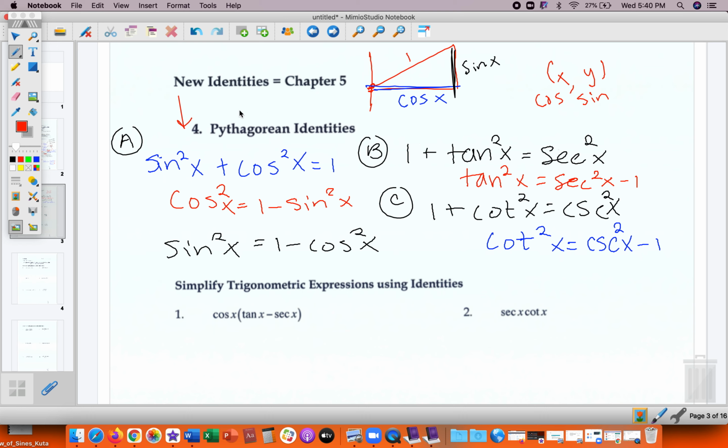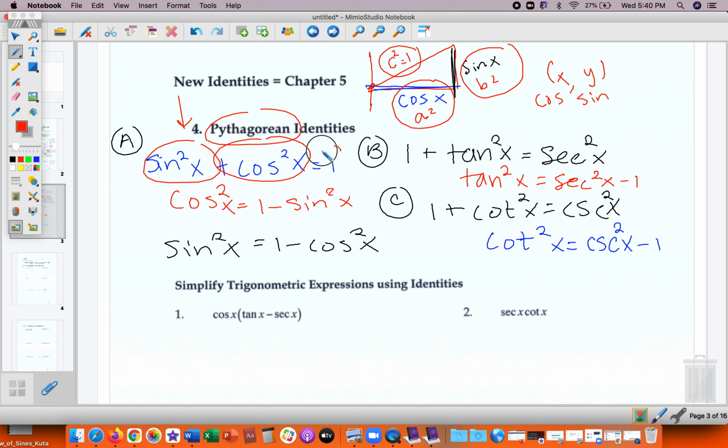And using your Pythagorean theorem, you know that a squared plus b squared equals c squared. So instead of writing a, we write cos squared. So cos squared plus, instead of writing b squared, we write sine squared x is equal to c squared, 1 squared, which is 1.